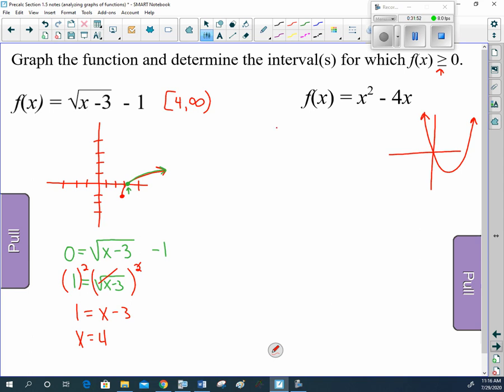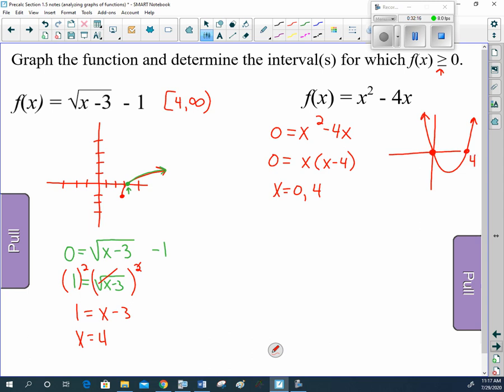If I put this equal to 0 and I've got to solve it, it's quadratic. So I always think factor or quadratic formula, factor. If I'm going to factor it, it looks like I can only do a GCF. So that means x equals 0 and x equals 4. So right here is 0, and this point right here is 4.